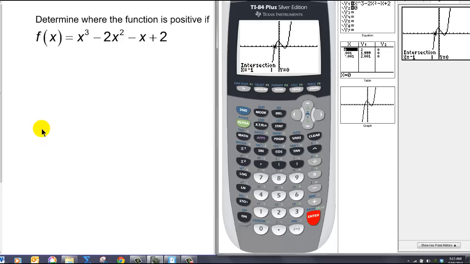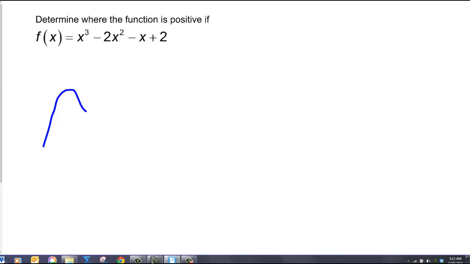So again, let's go ahead and graph a sketch of this. It's something like this, and we have a line cutting across, and this is the point, negative 1, 0, right here.